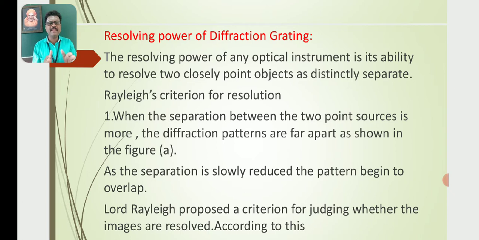Mainly, the concept of resolving power means resolving two closely lying point objects as distinctly separate.